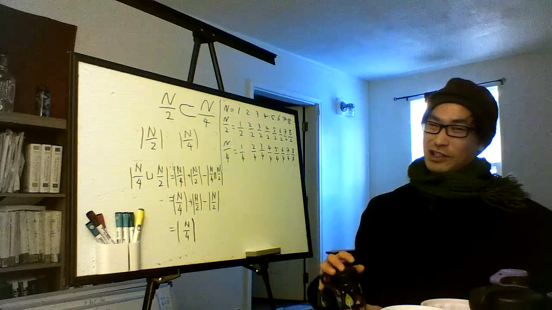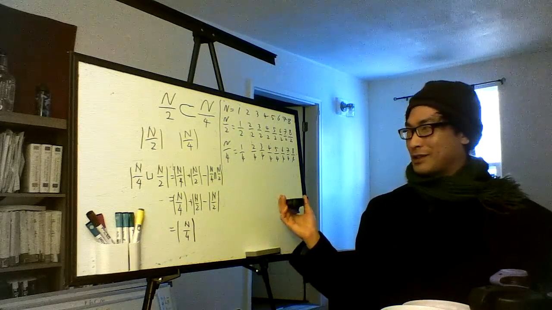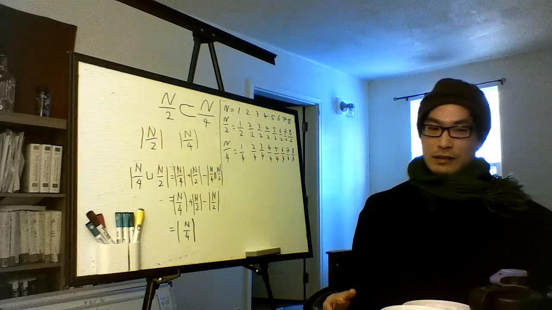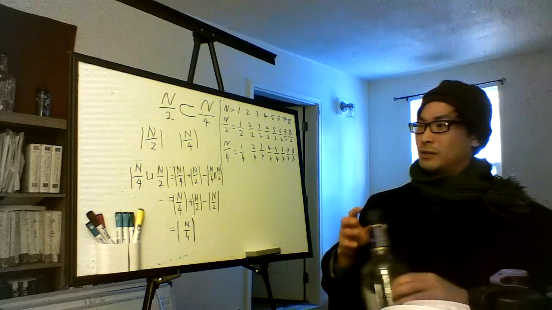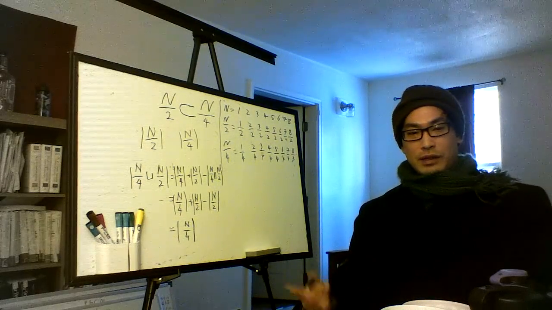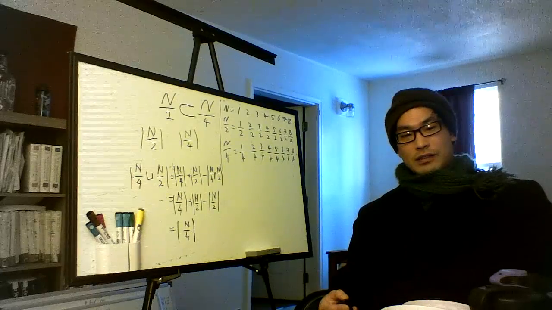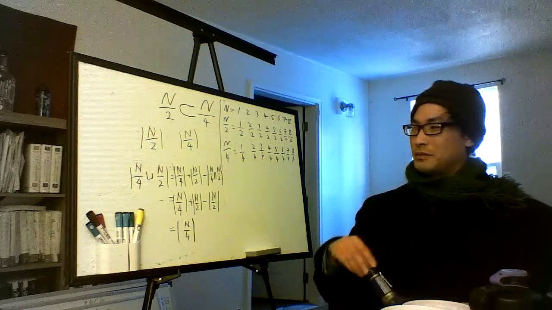Very mechanical. It doesn't take too much creativity. But Goldbach's conjecture, that takes tremendous creativity. Prime numbers, it's not a mechanical process at all. But here it is mechanical. It just takes time, diligence.